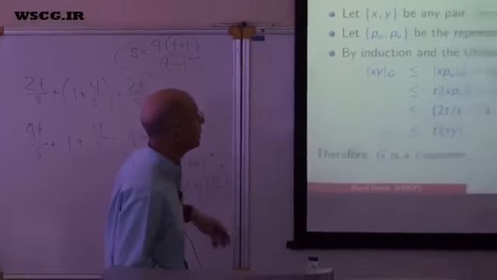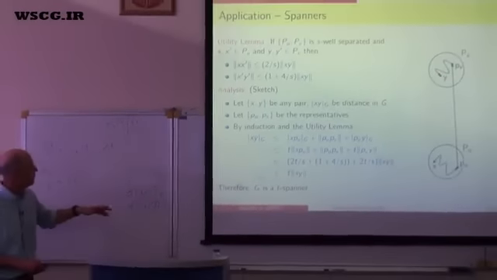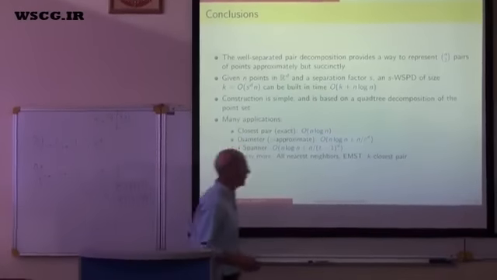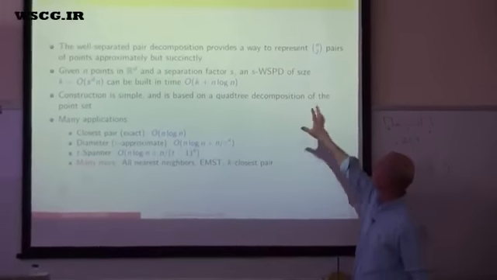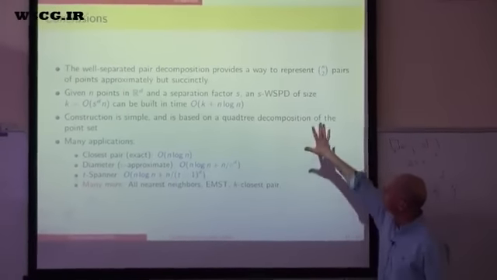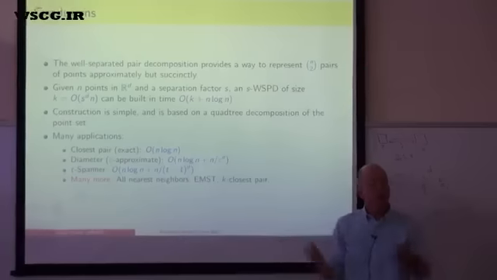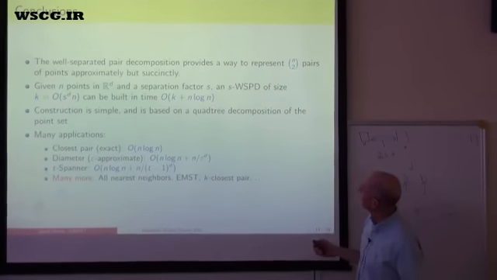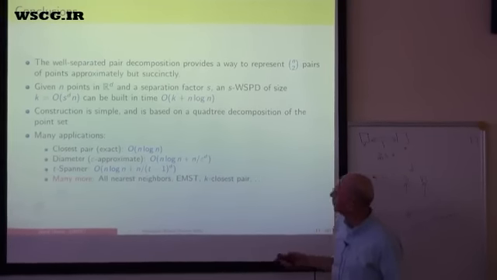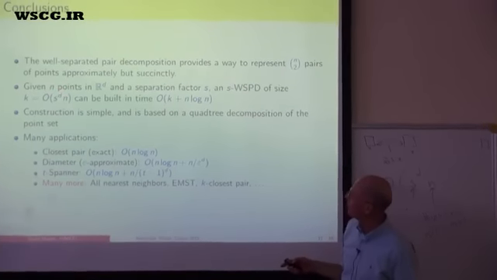I see that we are out of time here, so let me conclude by observing that the well-separated pair decomposition is a very nice thing. It provides a way of taking this n-squared collection of pairs and representing them succinctly using a number of pairs which is more like linear in n, along with a separation factor.